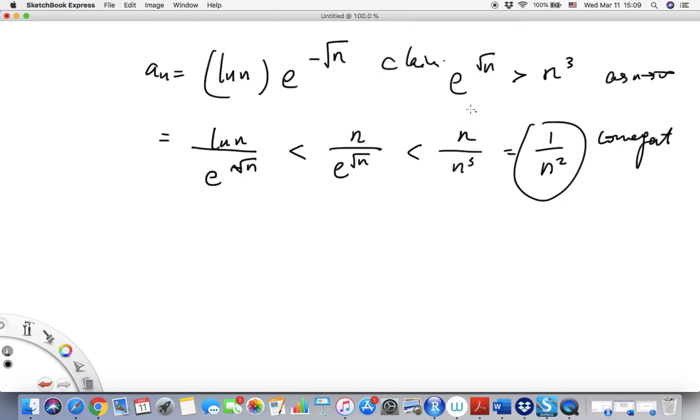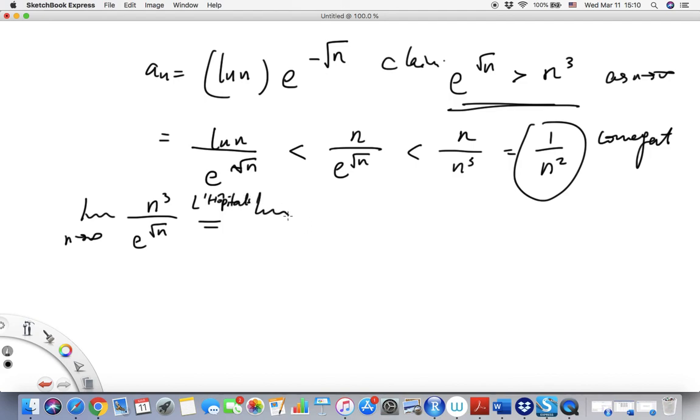Now our goal is to show that this claim is true. What can we do? We can look at the ratio n cubed over e to the square root of n. This is infinity over infinity, so you can use L'Hopital's.